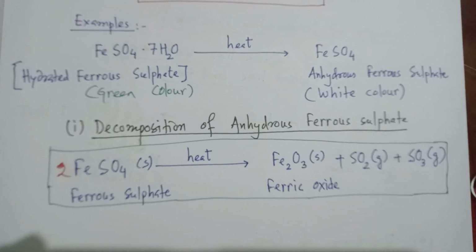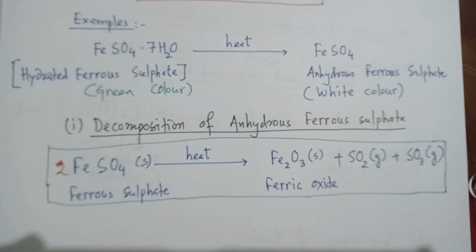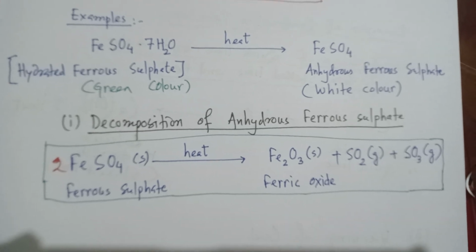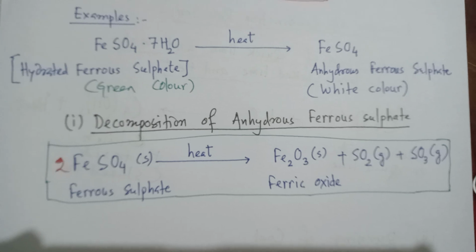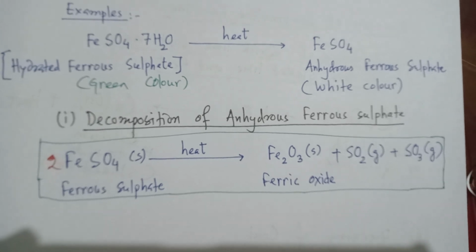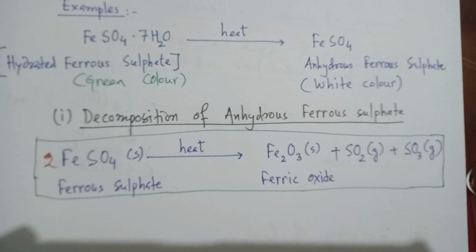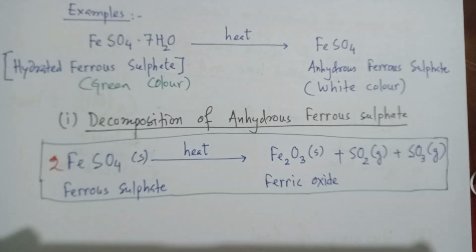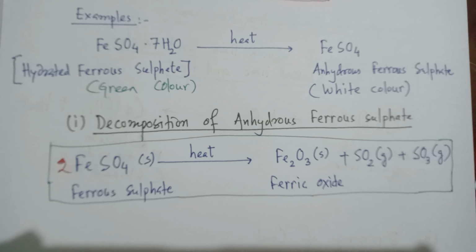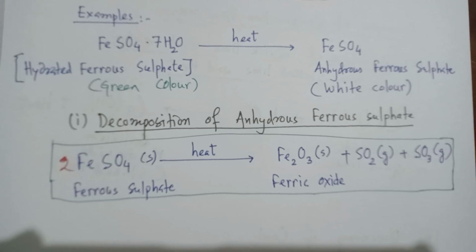On further heating, this anhydrous ferrous sulfate is broken into ferric oxide, sulfur dioxide and sulfur trioxide. Sulfur dioxide and sulfur trioxide are gases.